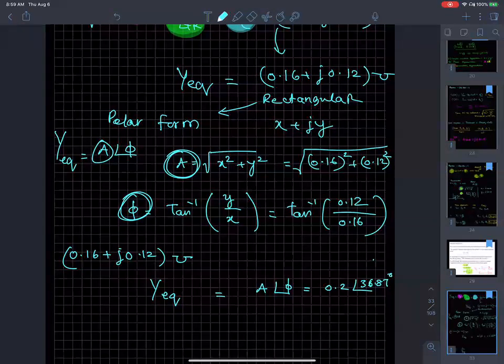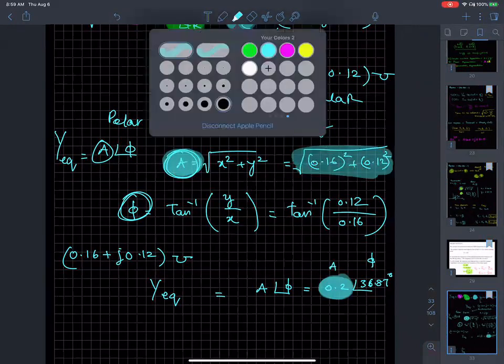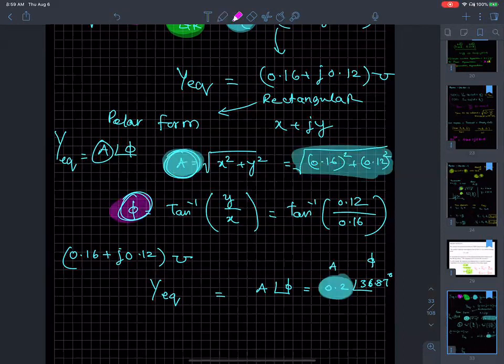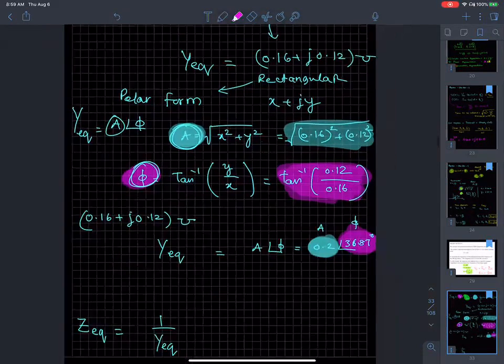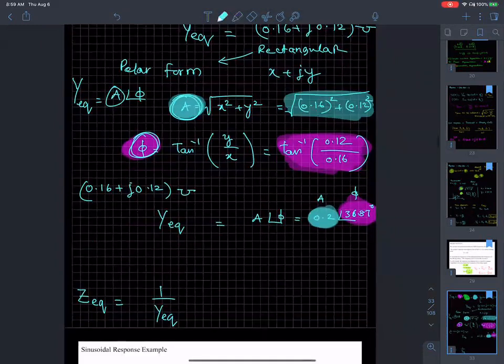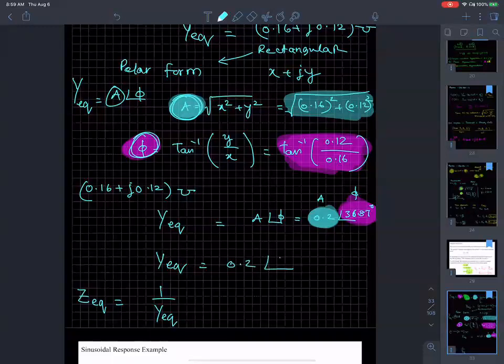This is phi, and this is A. A comes out to be 0.2 and phi comes out to be 36.87 when you do the math. So Y equivalent is 0.2 angle 36.87 degrees.